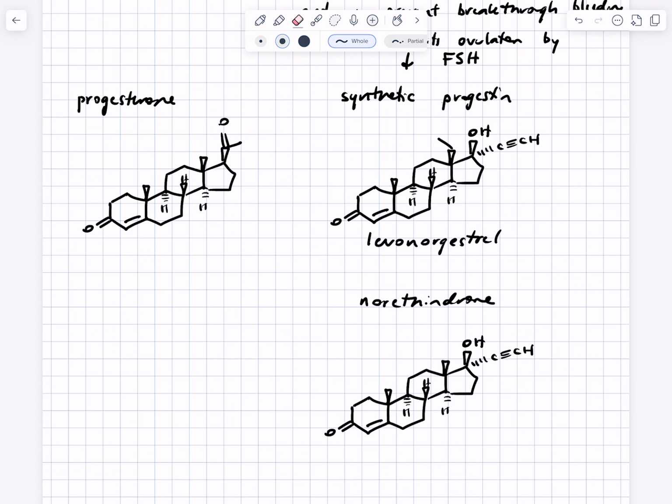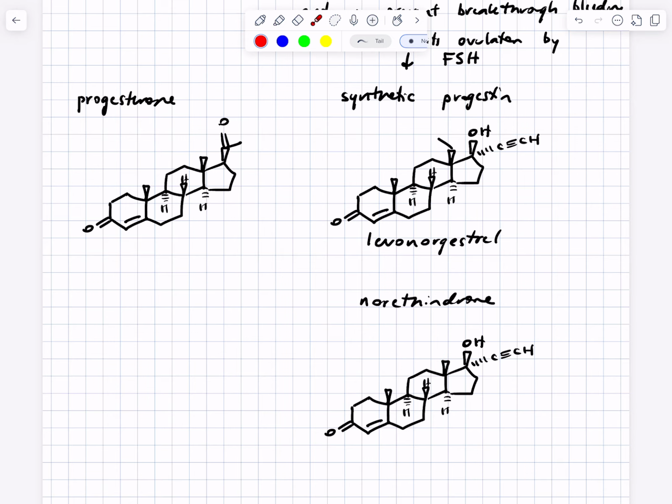One of the things that should emerge as we look at structures, and I'm not really concerned about you memorizing detailed structural features. For example, do I care that levonorgestrel has an ethyl group here, whereas norethindrone only has a methyl group there?